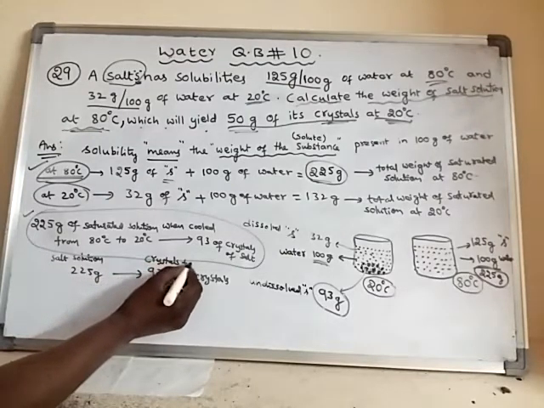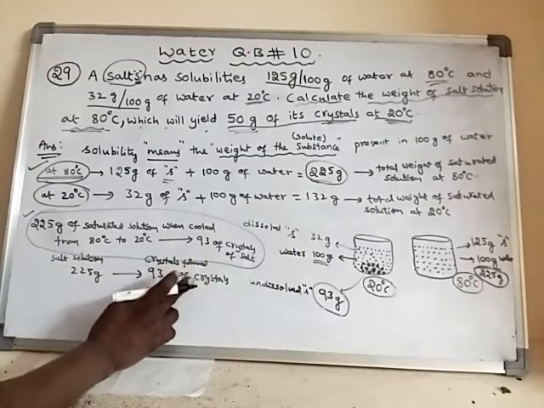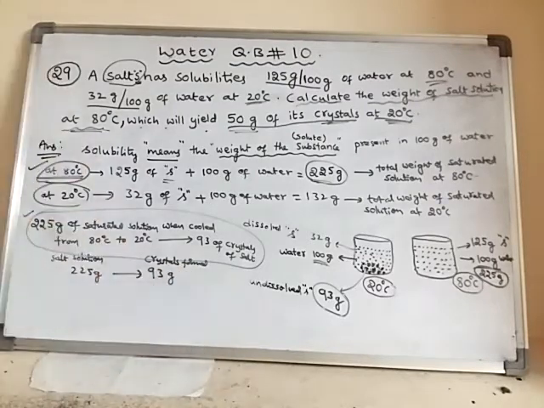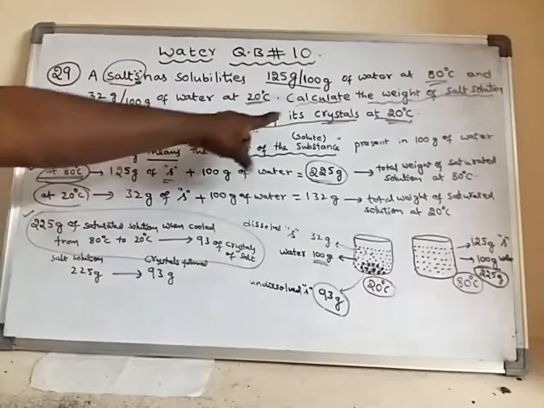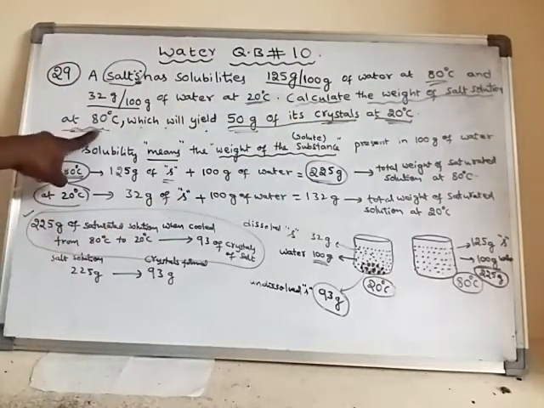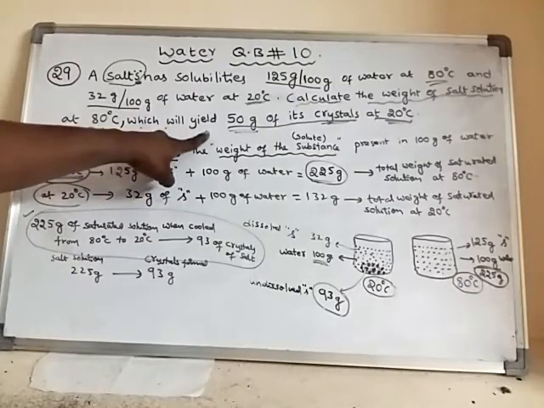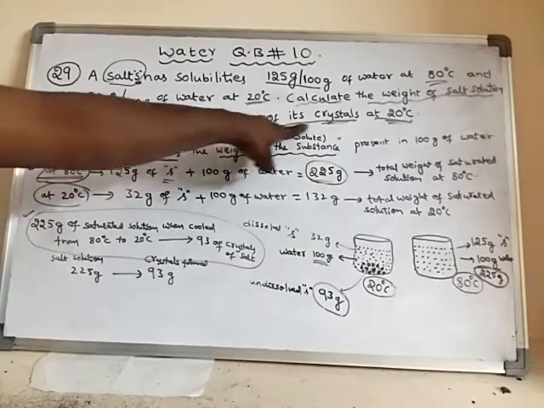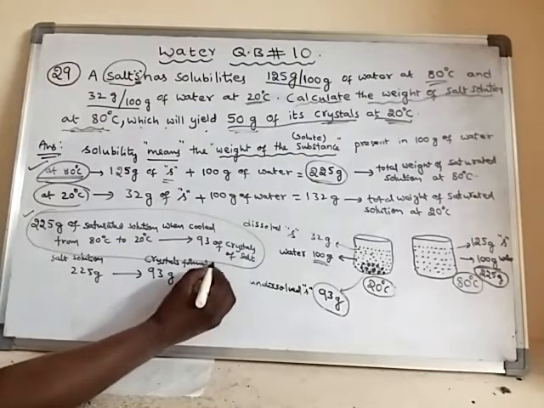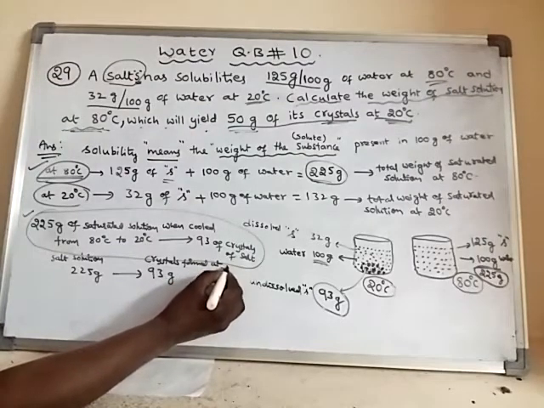Crystals formed will be how much? This much. But here the question is, we have to calculate the weight of saturated solution at 80 degrees centigrade, which will yield 50 grams of crystals. So here actually crystals are formed at 20 degrees centigrade.